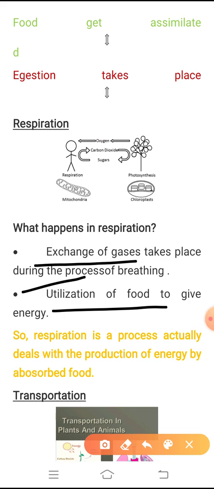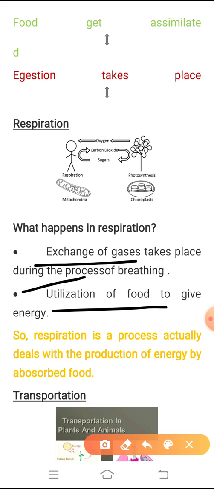In nutrition, the food is taken in, absorbed, digested, and assimilated. But how do we know that the absorbed food inside the body is giving us energy? We have observed under nutrition that the food has been absorbed.